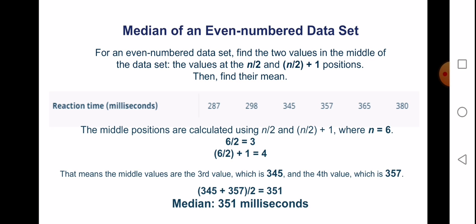So that means the middle values are the third value, which is 345, and the fourth value, which is 357. So (345 plus 357) divided by 2, that is equal to 351, and that is our median.